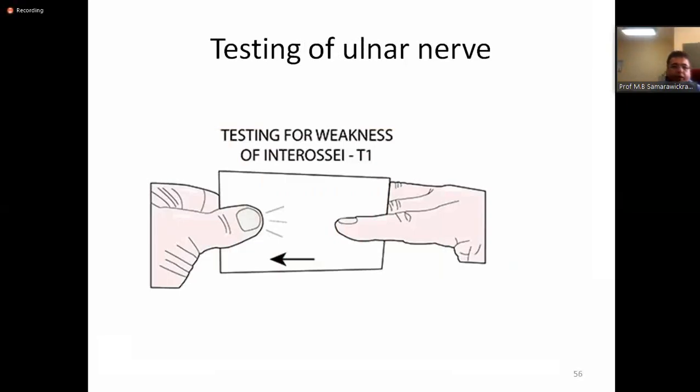Right, testing for weakness of the interossei. You know how to test this. So this is the testing of the palmar interossei. Holding a card between two fingers, that is the function of adduction you test.